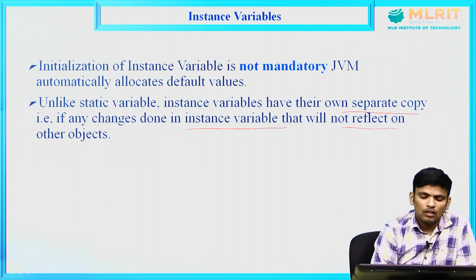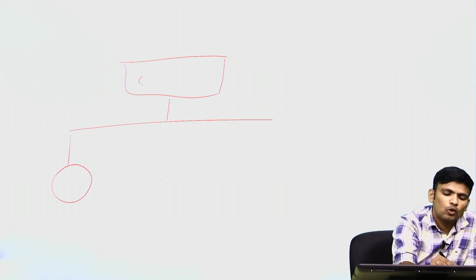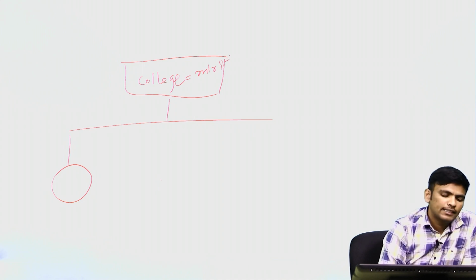Suppose you take an example. Here I have multiple objects. I have a class, the class name is College. The college name is MLR, and MLR has some objects.